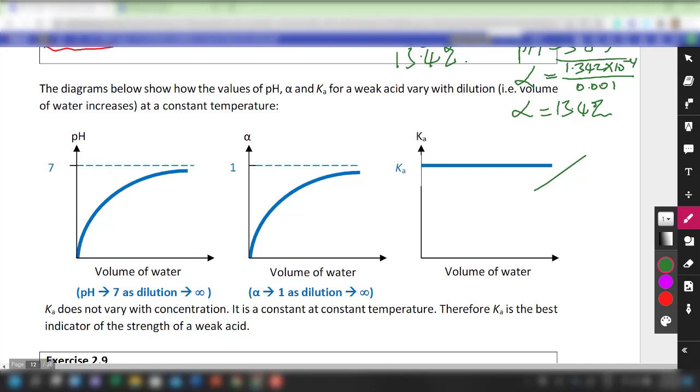The extent of ionization will also increase, approaching 1. So for a very weak acid, its extent of ionization is close to maybe 100%. Therefore, as we mentioned a little bit, Ka would be the best indicator of the strength, because Ka tells us where the position of equilibrium lies.